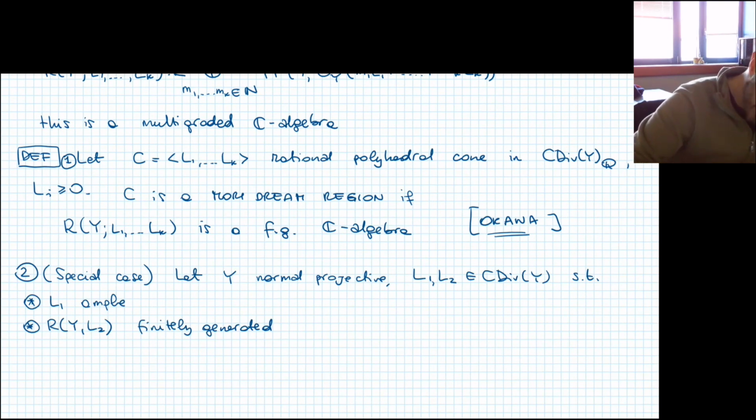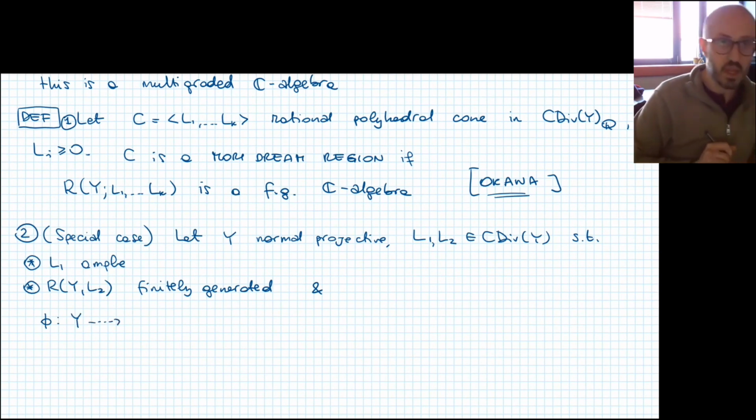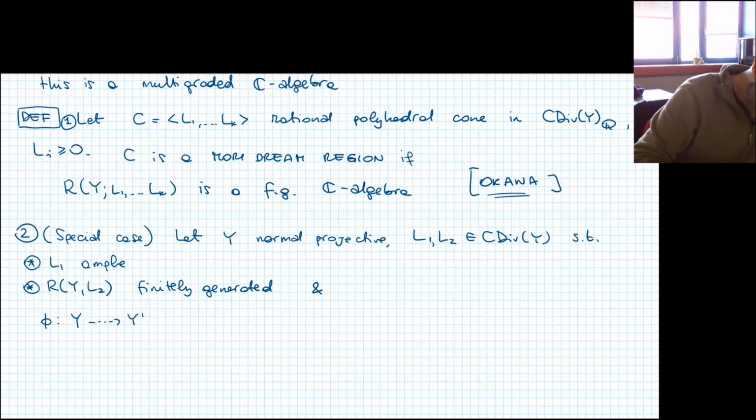And even more, we want phi from Y. And now, if the section ring of L2 is finitely generated, we can consider the Proj. So it makes sense to consider the natural map that goes from Y to Y prime, given as the Proj of this finitely generated C algebra R of Y, L2, is a small modification.